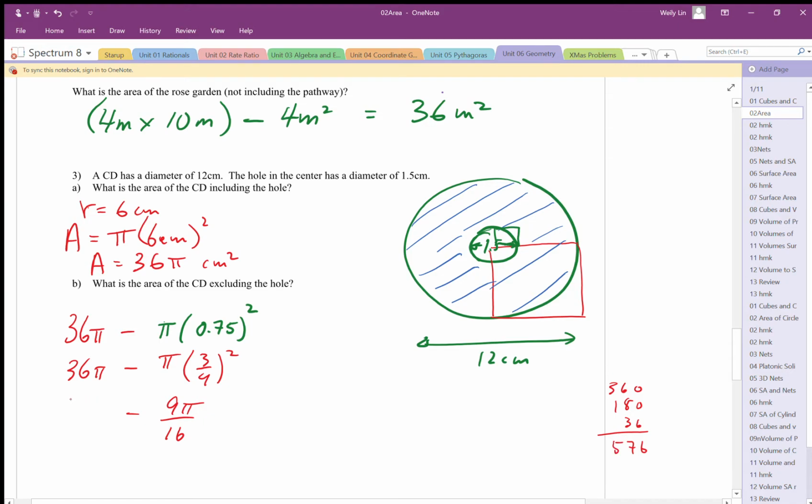So 576 pi over 16 minus 9 pi over 16. That gives me 567 over 16 pi units squared. And you can work out the decimal for that if you like.